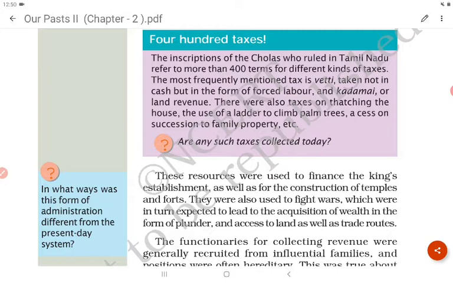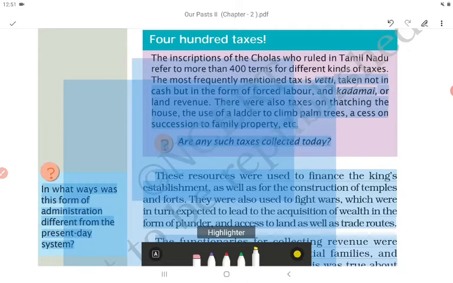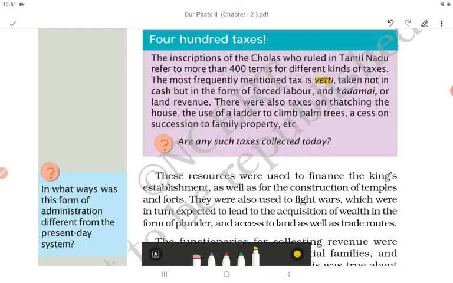The inscriptions of the Cholas who ruled in Tamil Nadu refer to more than 400 terms for different kinds of taxes. The most frequently mentioned tax is veṭṭi, taken not in cash but in the form of forced labor, and kadamai or land revenue.